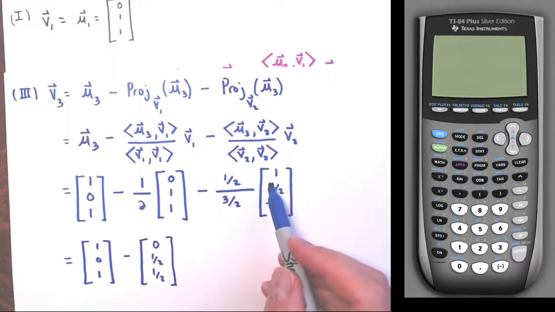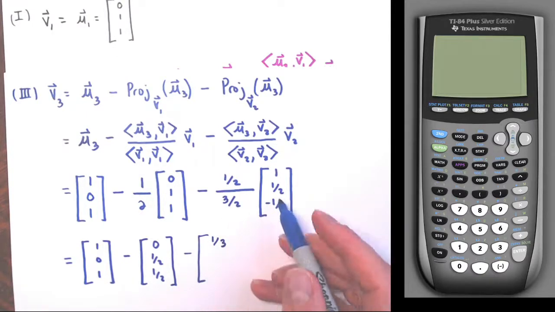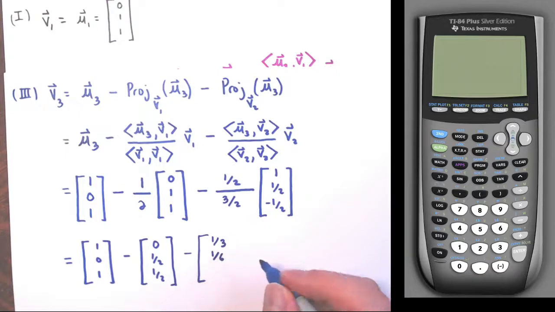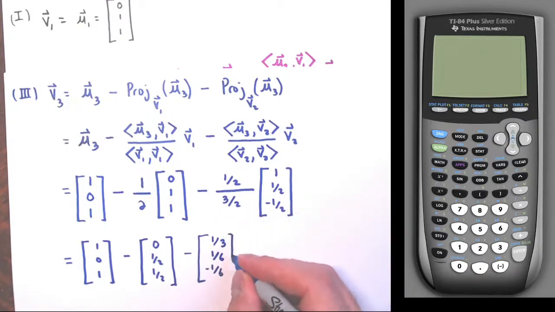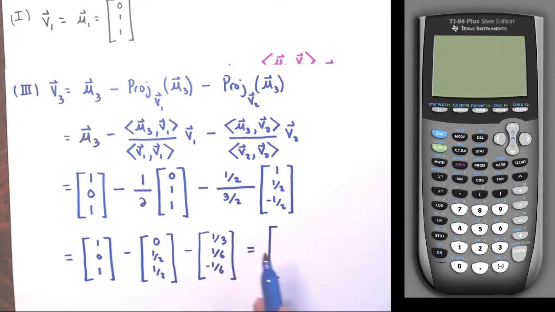So I'm putting minus 1/3 in here. Minus 1/3 times 1 would be 1/3. 1/3 times 1/2 would be 1/6. And 1/3 times negative 1/2 would be negative 1/6. Then I combine these things, get common denominators. First component's 1 minus 0 minus 1/3.